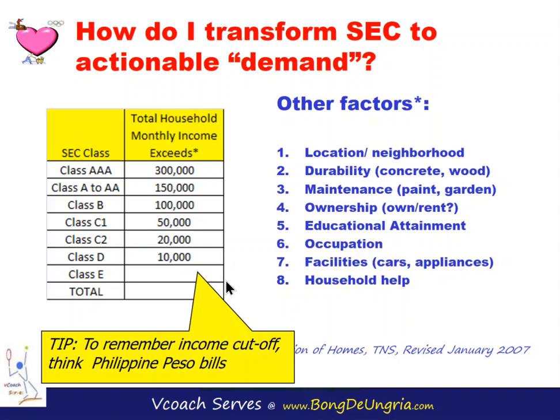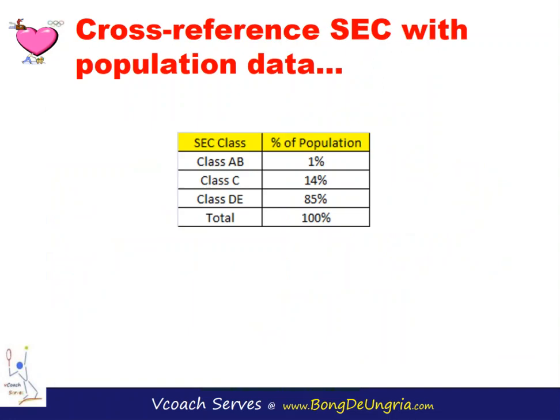Now, by itself, these SEC classes don't reveal too much. But if we cross-reference with population data, the population is 1% AB, 14% C, and 85% DE. This is based on one of the Philippine Statistics Authority's, or the PSA's, surveys.